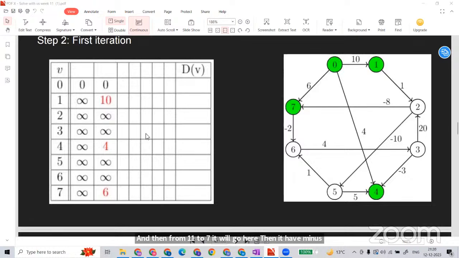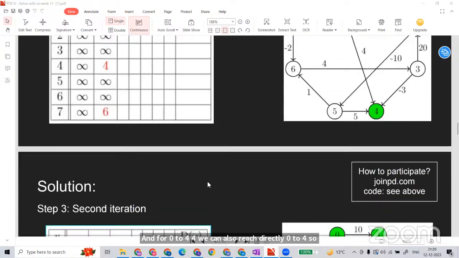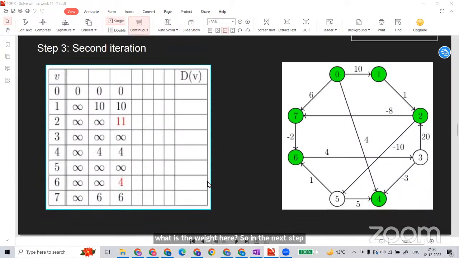And 0 to 4, we can also reach 4 directly. So what is the weight here? 4.